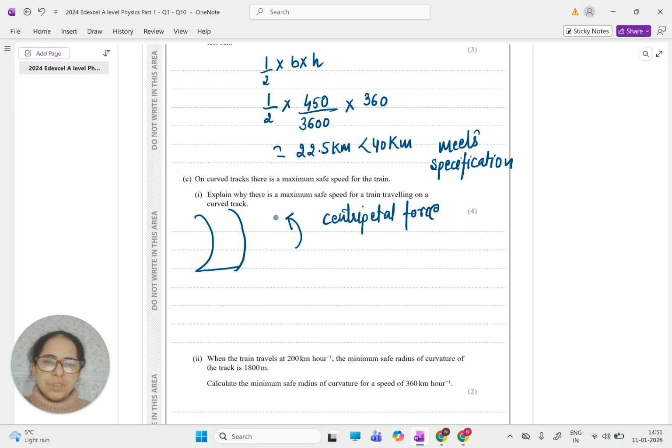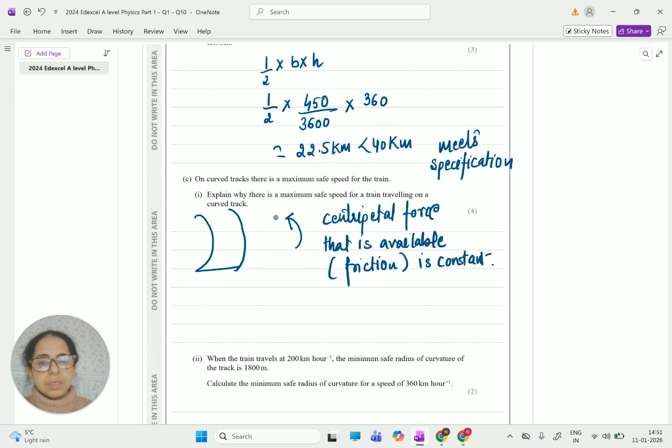Can a running train change the friction between its wheels and the rails? No. So the centripetal force that is available is constant. It's not changing. It's available from the friction force, which is constant.